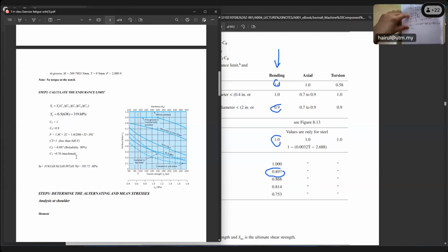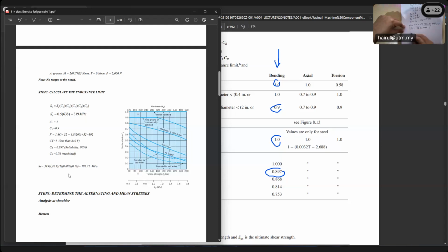Never mind, when I did the graph for CS earlier I got quite 0.76, because I remember I did it by hand, crooked, to get the CS. 0.76 is more accurate. CR is 0.897. So when we calculate, SN is 195.72 megapascal. Class, are you with me or not?